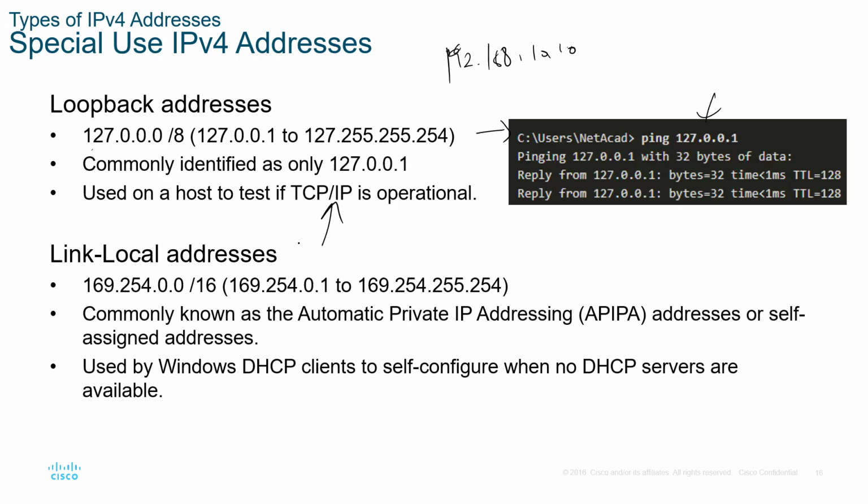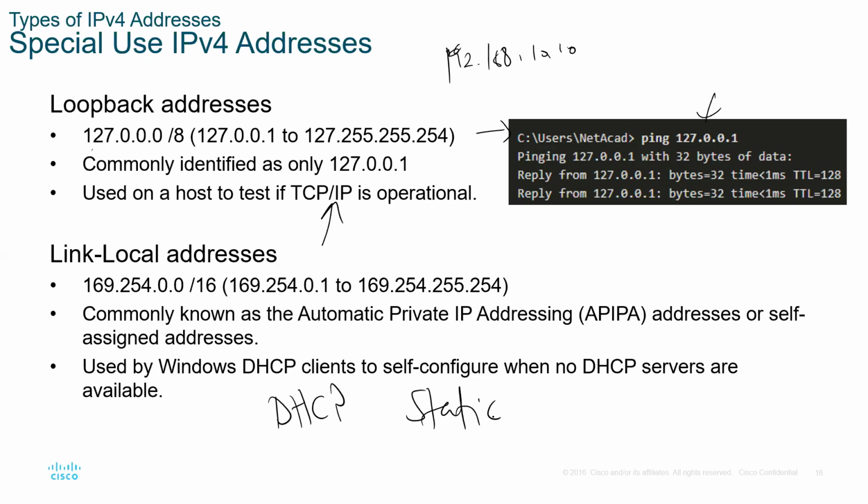All right, let me just introduce DHCP, dynamic configuration of IP addresses, and static, that is manual. If you want to configure an IP address on a device, what do you do?